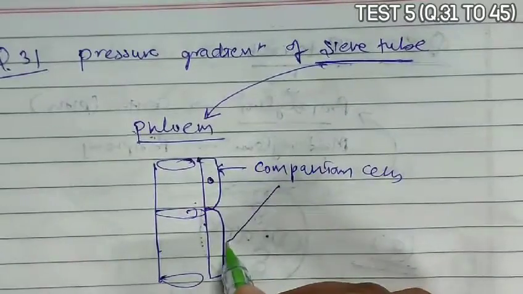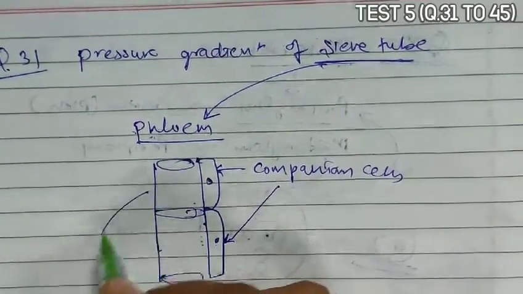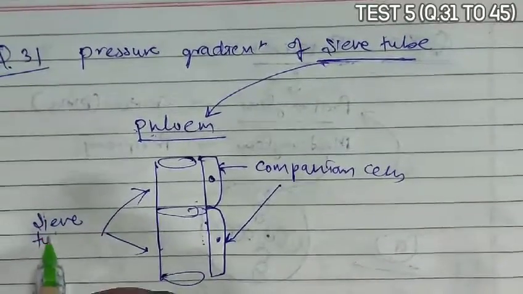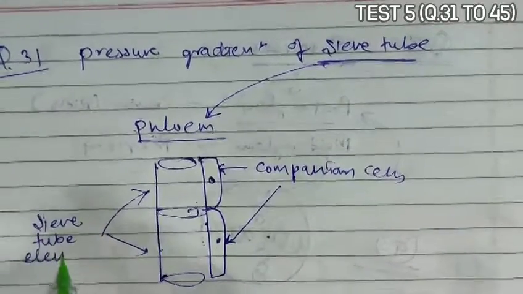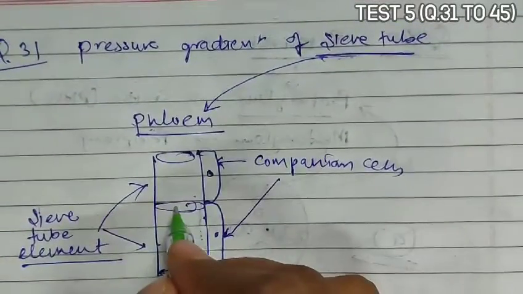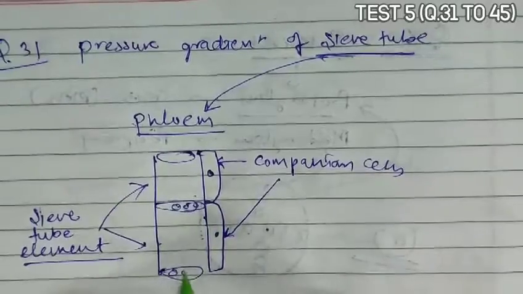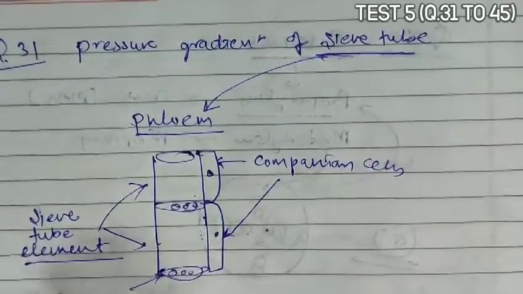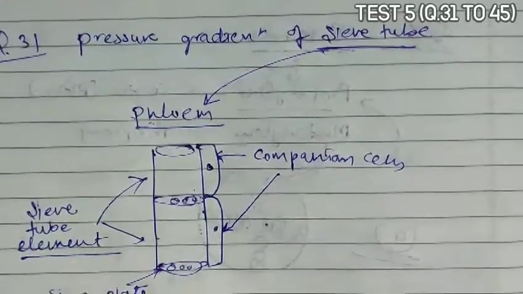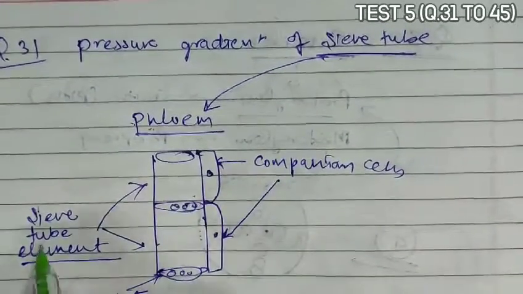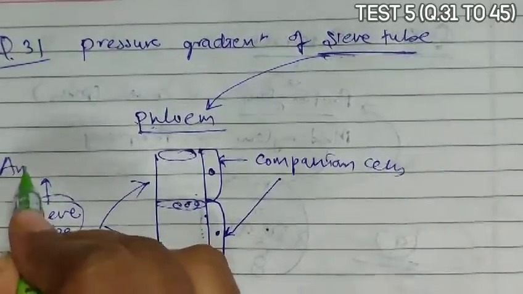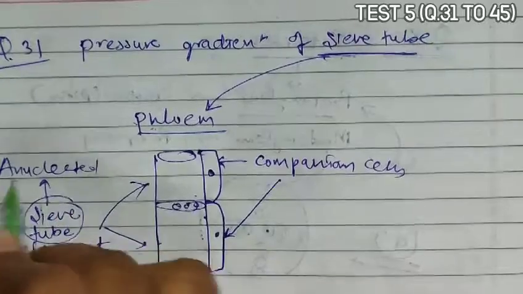So these are the companion cells, and these are the sieve tube elements, having a sieve plate. Now this sieve tube is anucleated, meaning the nucleus is absent.